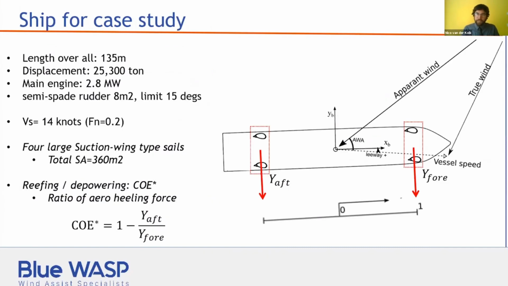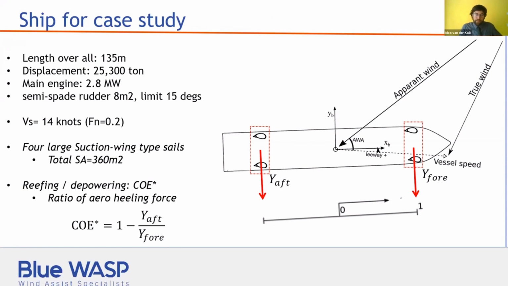So for the sake of this study, I developed a medium-sized ship with 4 large suction wing type devices. So that's with boundary layer aspiration to delay separation along the low pressure side. Quite a large installation, so 360 square meters. And then arranged, as you see, in this 2x2 way, which is convenient for defining a center of effort for the sail plan.